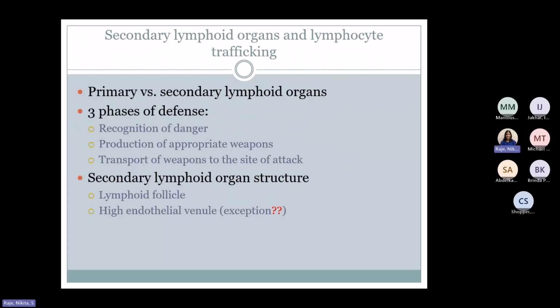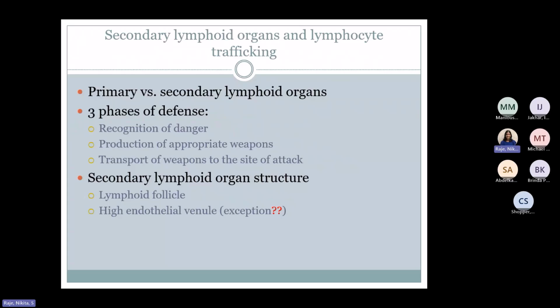But in general, to understand the need for these lymphoid organs and how the cells move, you have to think about the overall defense phenomena that occurs in our body. And there are 3 phases of it. Recognition of the danger. We talked about pattern recognition receptors and how the antigen presenting cells take up that information and present it to the T cells, or the B cells come across the antigen, and once that recognition occurs, they help in production of appropriate weapons.